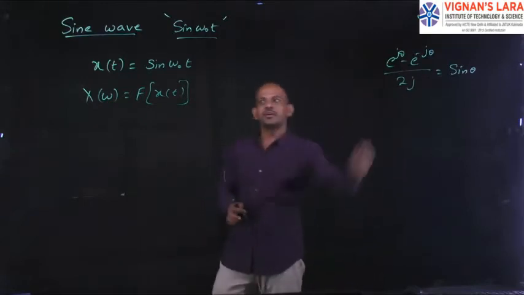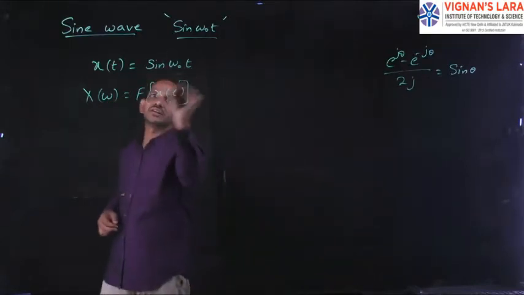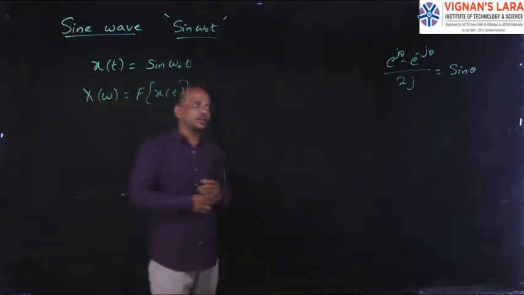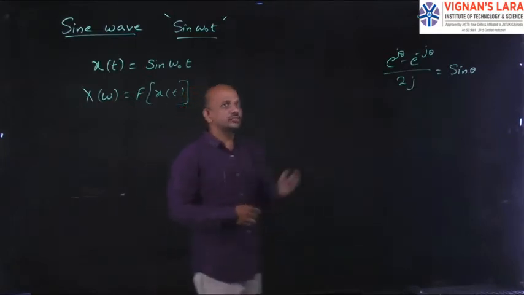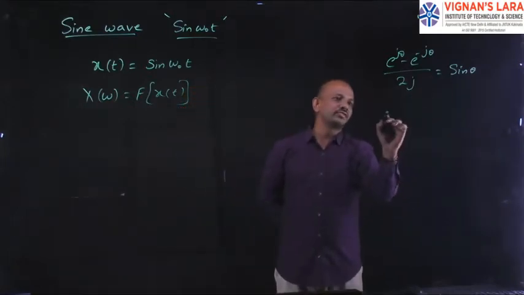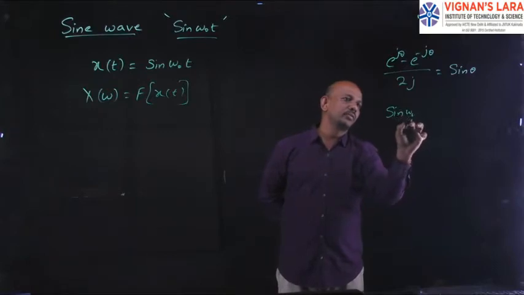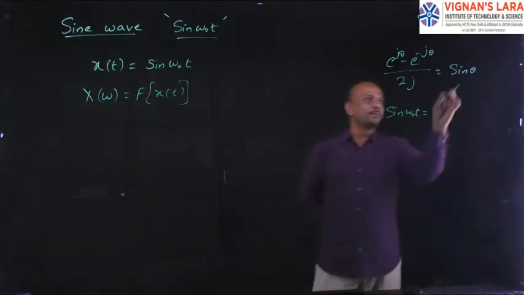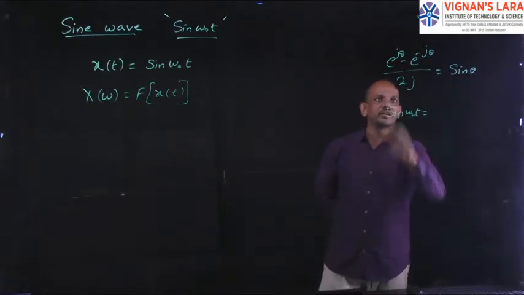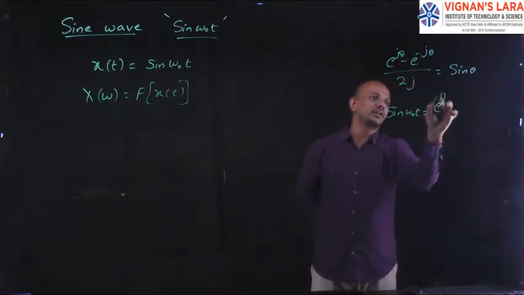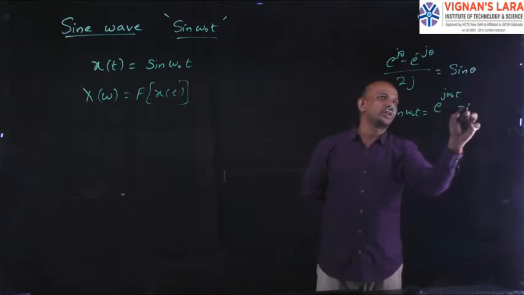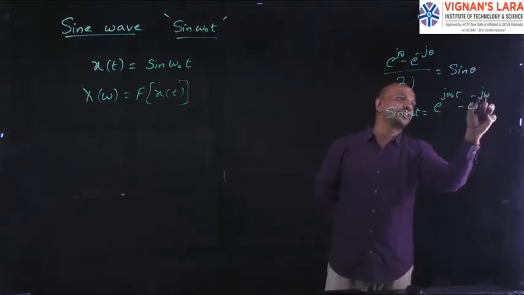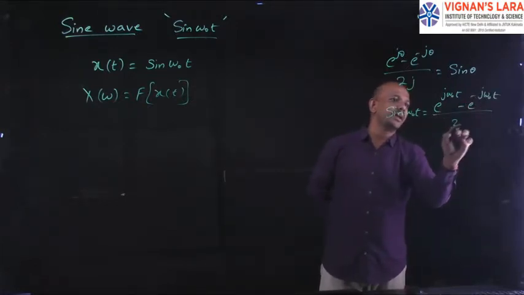So using this formula, first I have to convert this sin omega naught t. In place of theta, I take omega naught t. So the formula becomes sin omega naught t equals e power j omega naught t minus e power minus j omega naught t, by 2j.